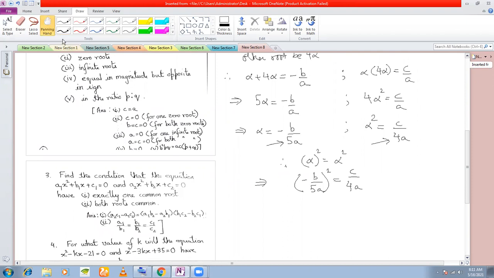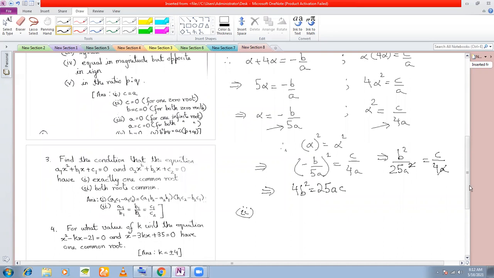So therefore, I get b square by 25a square is equal to c by 4a. Okay, so that means from here one a will go, so you get 4b square is equal to 25ac. That's it. Are we clear with this?